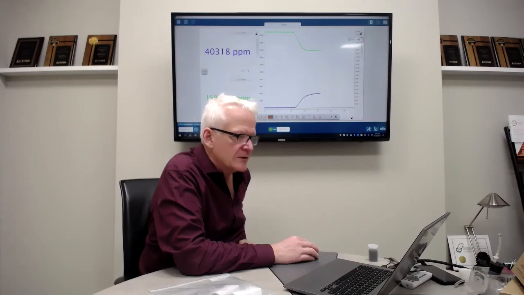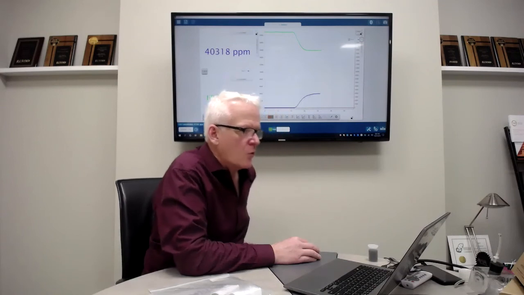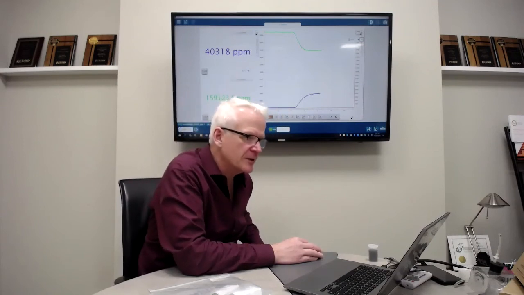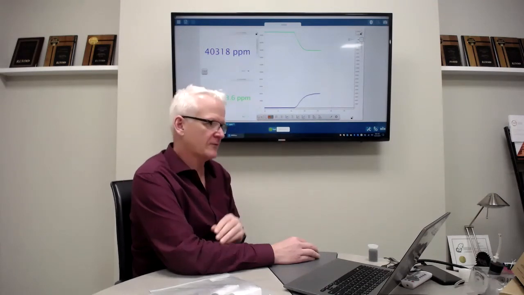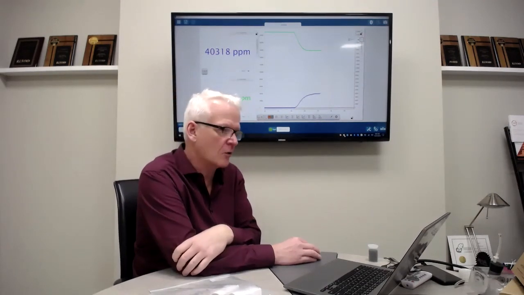It's almost as much as the CO2 went down, the oxygen level went up. Not quite a 1-to-1 ratio, but pretty darn close, which is interesting because oxygen started at such a high level and CO2 at such a low level.